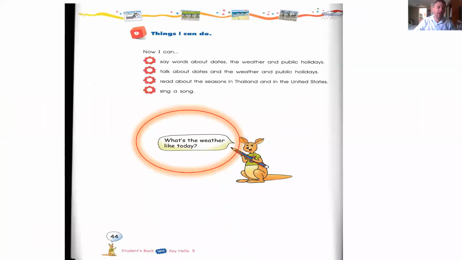With your book page 44, you have 4 points, mainly 3 plus 1. Say words about dates, the weather, and public holidays. Talk about dates and the weather and public holidays.